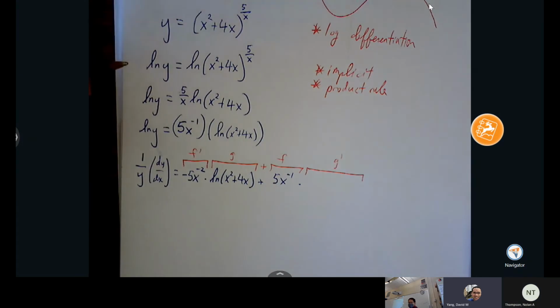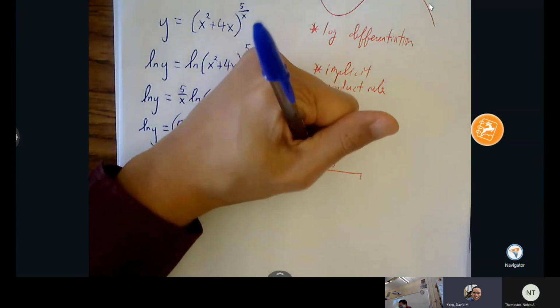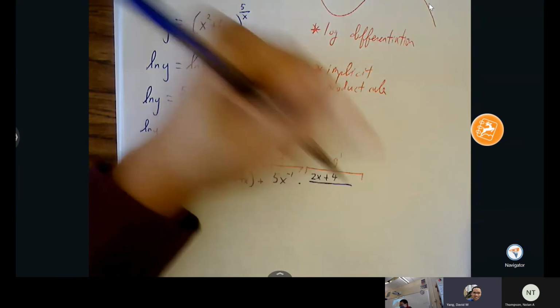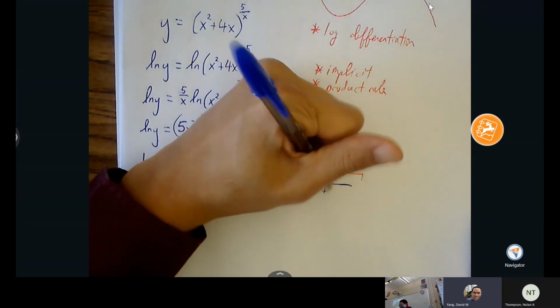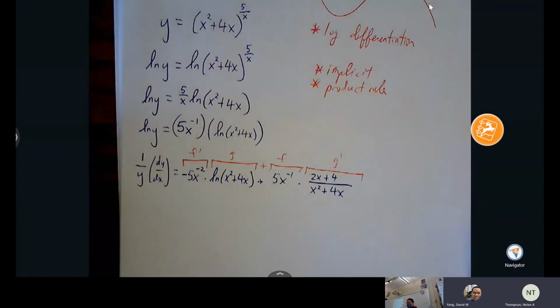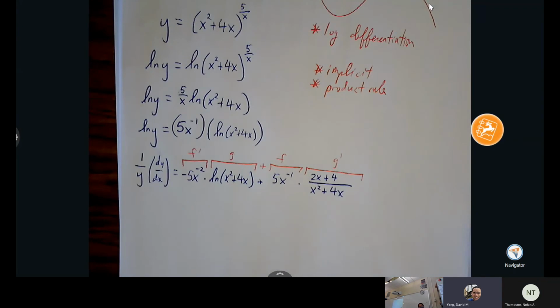And then g prime is u prime over u. Okay, it's a really messy right side, but we can leave all that messiness there.